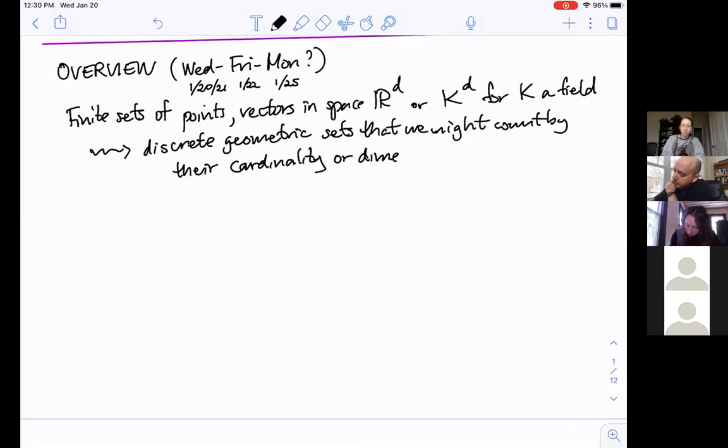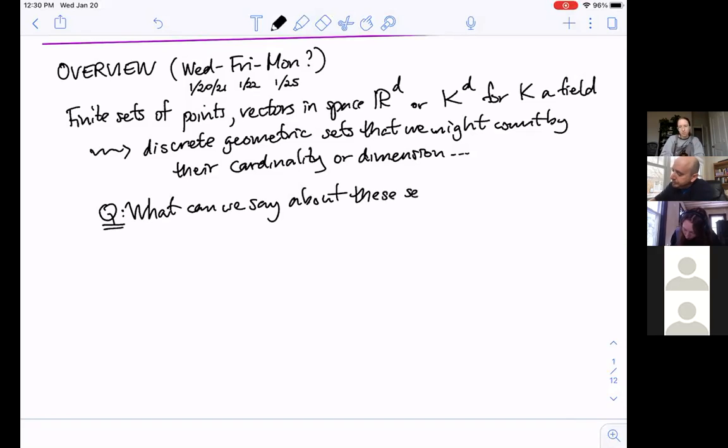I'll be getting to examples in a moment. And that's going to give us a sequence of numbers when we count how many have cardinality 1, cardinality 2, or dimension 1, dimension 2. We're going to look at these sequences of numbers and say, what can we say about these sequences of numbers? So that's the general question. What can we say about these sequences of numbers that come out of these discrete geometric settings?